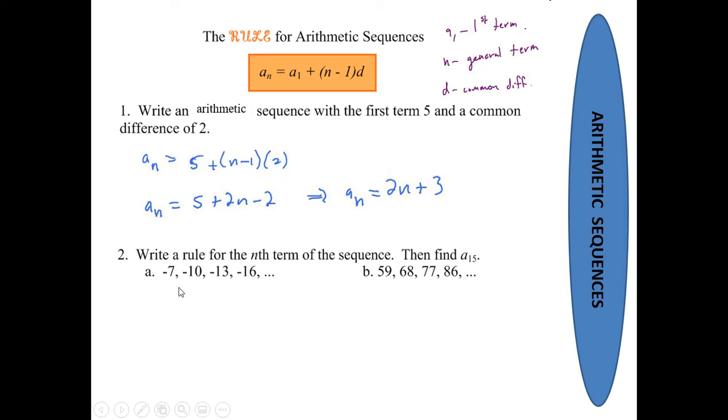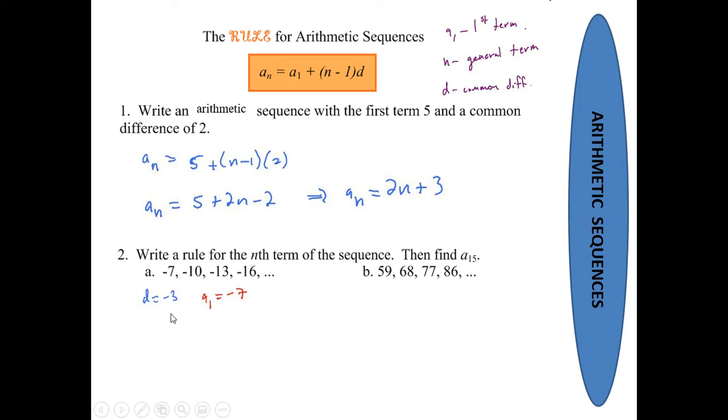Well, let's look at number 2. Write a rule for the nth term of the sequence and then find a sub 15. Well, here it looks like my difference is 3. I'm sorry, -3 because we're going down. And my a sub 1 is equal to -7.